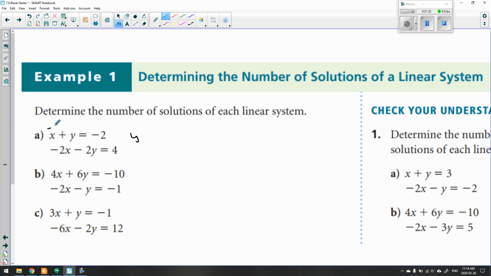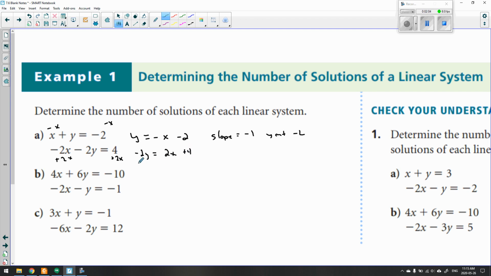So we're just going to subtract x from both sides. We got y is equal to negative x minus 2. So slope equals negative 1. Y-intercept negative 2. This next one's going to take a little bit of work. We have to add 2x to both sides. So we get negative 2y is equal to 2x plus 4.